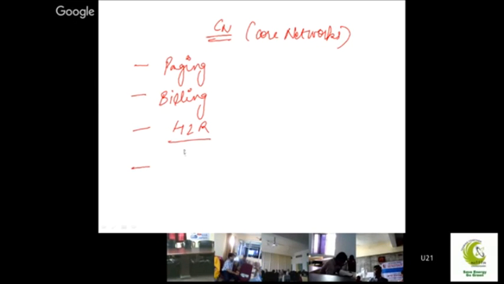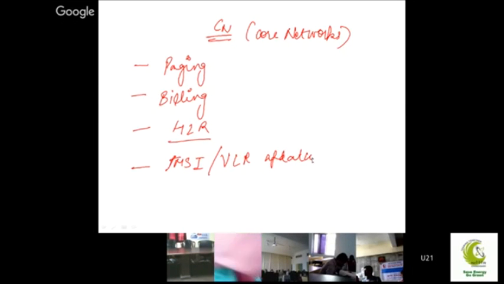After HLR, it also has the temporary number, or we can say TMSI, that is VLR updation. If a user is roaming from one circle to another circle, then all the updation from the old home location to the new location, that is the visitor location, is governed by the core networks.